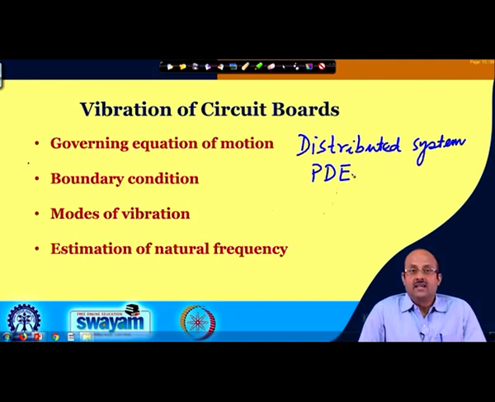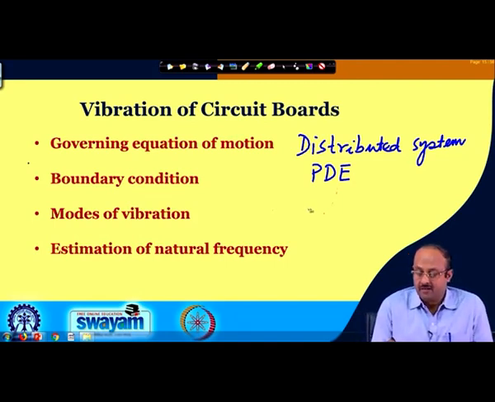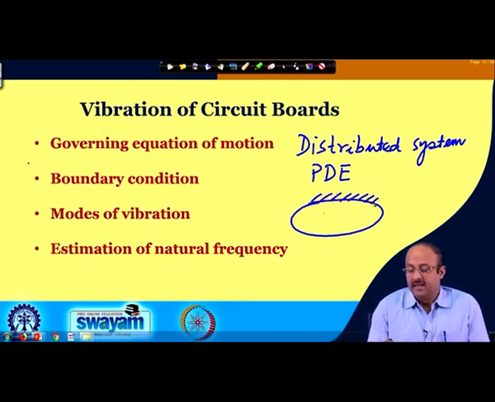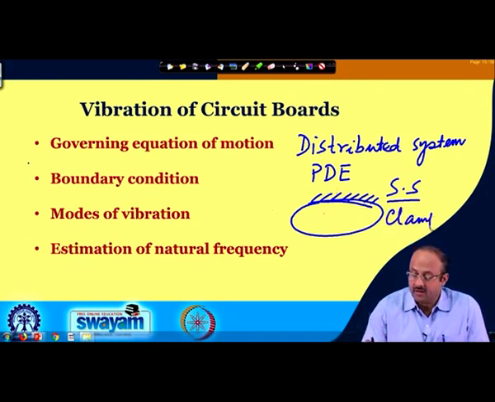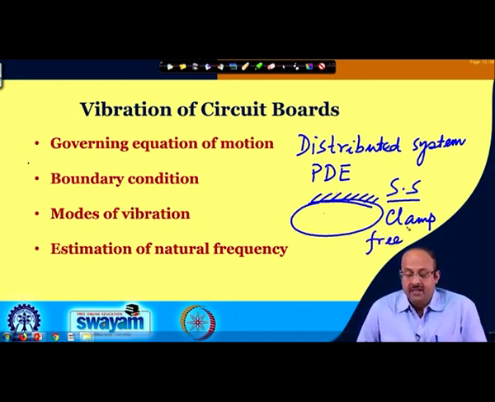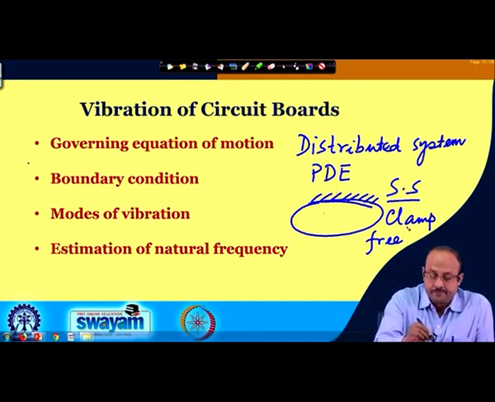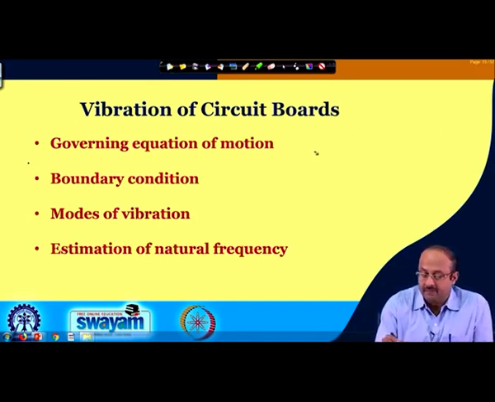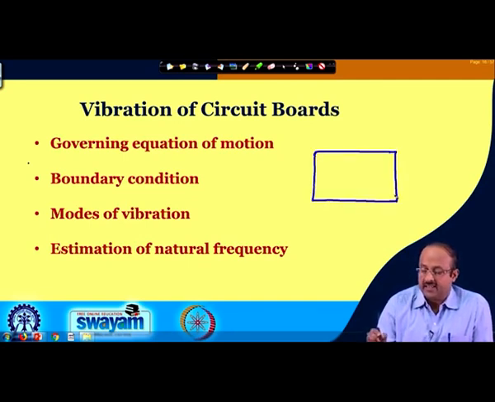The boundary conditions can be different, because if we have a continuous system, the boundary can be many things. Here this may be a simply supported (SS) boundary condition. It can have a clamped boundary condition, or it can have a free boundary condition. In a PCB, you have different edge connectors.